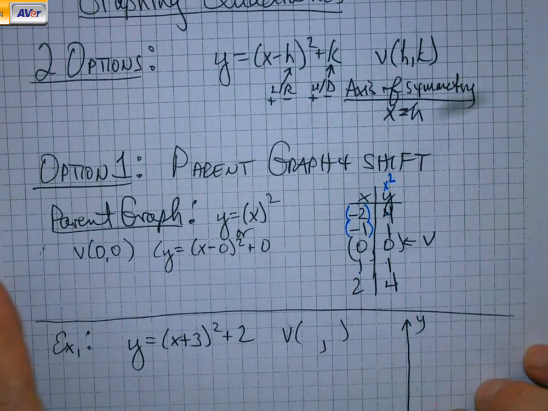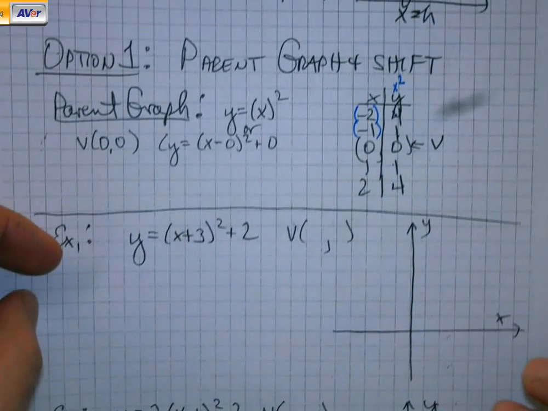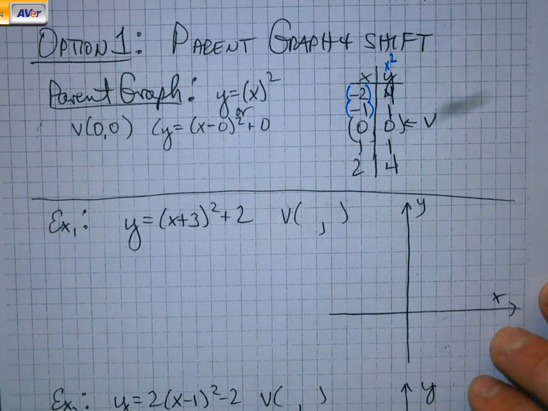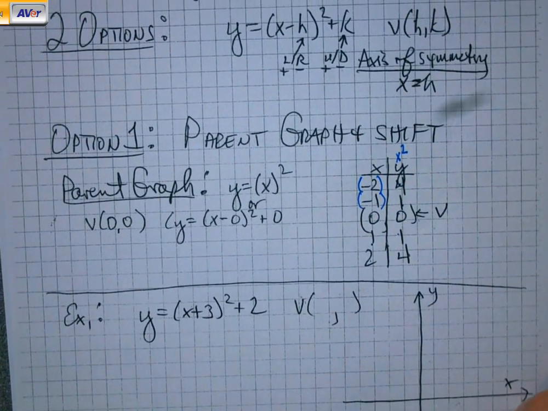So here's how this is going to work. Let's say we get an example here like this one. Okay, so y equals (x + 3) squared + 2. First thing we always want to find is the vertex. So let me pull this back down for just a sec here so we can see.